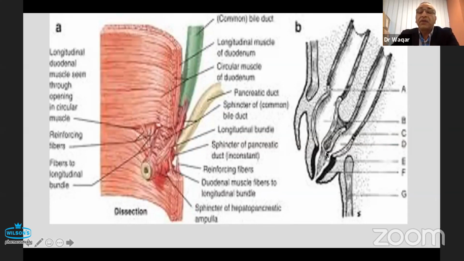At other times, they are separated by a membrane or a septum, and at times they open independently into the duodenum. And as you can see, the sphincter of Oddi muscle is surrounding them. The sphincter of Oddi covers the papilla inside the duodenal lumen, but it also surrounds the pancreatic duct and the common bile duct, especially the common bile duct, up to a certain distance intramurally in the duodenum.